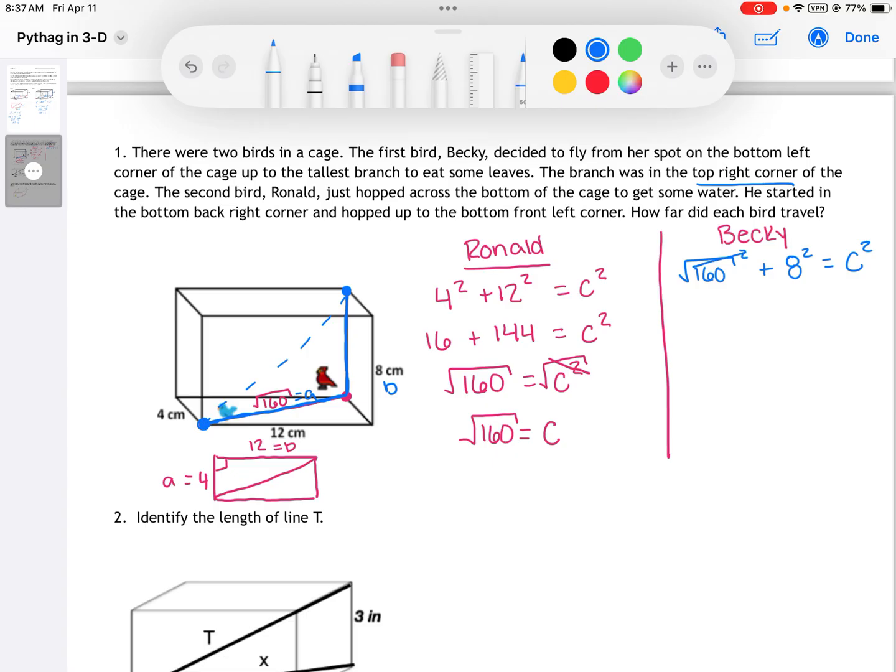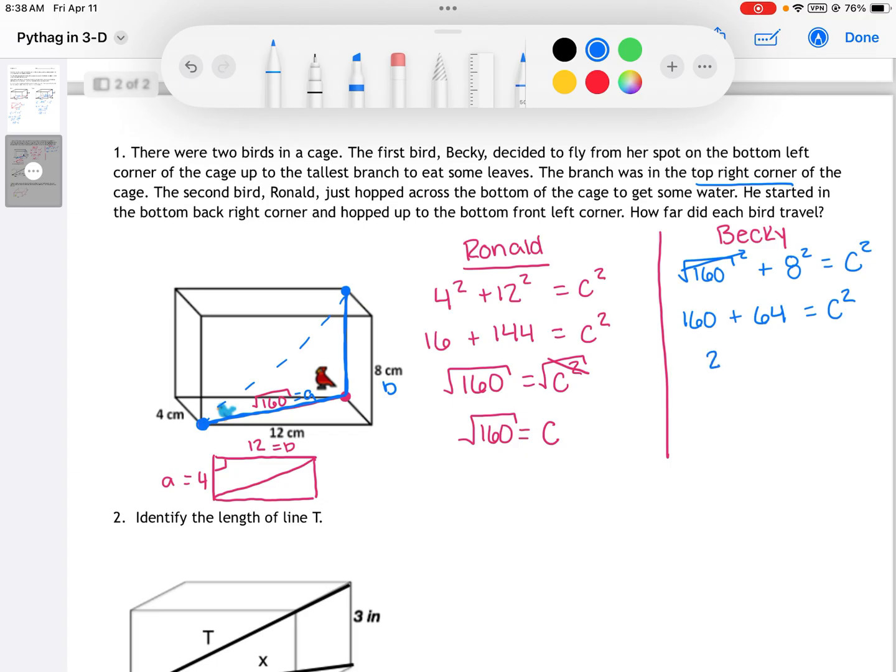Squares and square roots cancel, so we're just left with 160 plus 8 squared, which is 64, equals C squared. 160 plus 64 is 224, equals C squared. And our last step is to square root both sides to get rid of the squared on that C. So we're left with C equals the square root of 224.